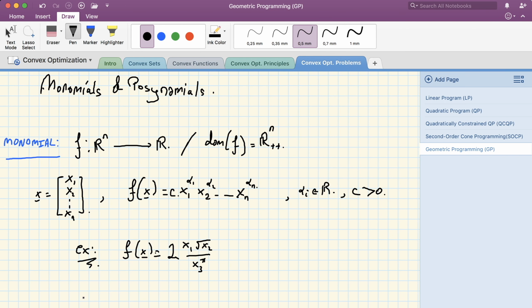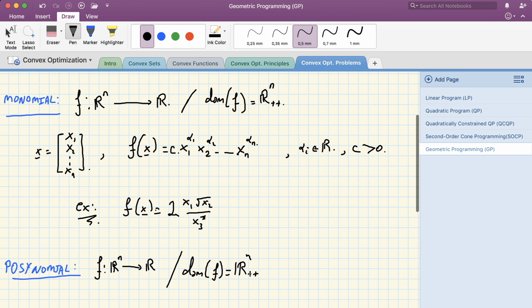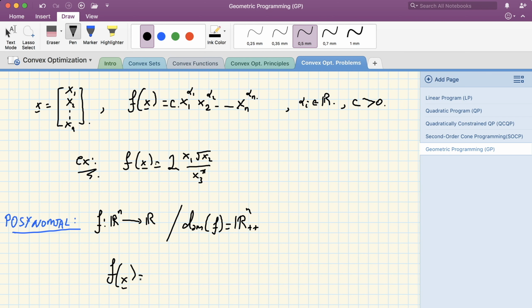Okay? Now, a posynomial is just a sum of monomials. So likewise, your f going from R^n to R, where your dom f is R^n_++, f(x) is a posynomial when it is a sum of monomials.